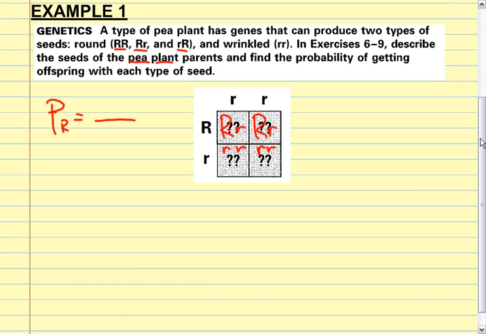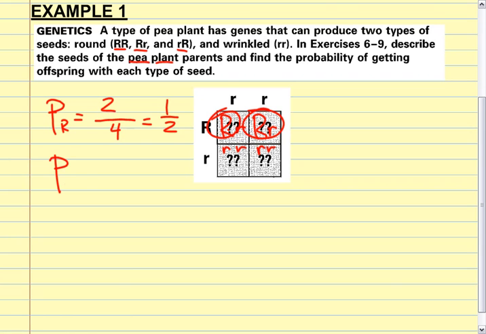How many possibilities are there? There are 4, and how many of them are round? 2. This one and this one. So I would say that the probability is not 2/4, but what? We always reduce it. 1/2. So there's a half chance or 50% chance that the P will come out round.